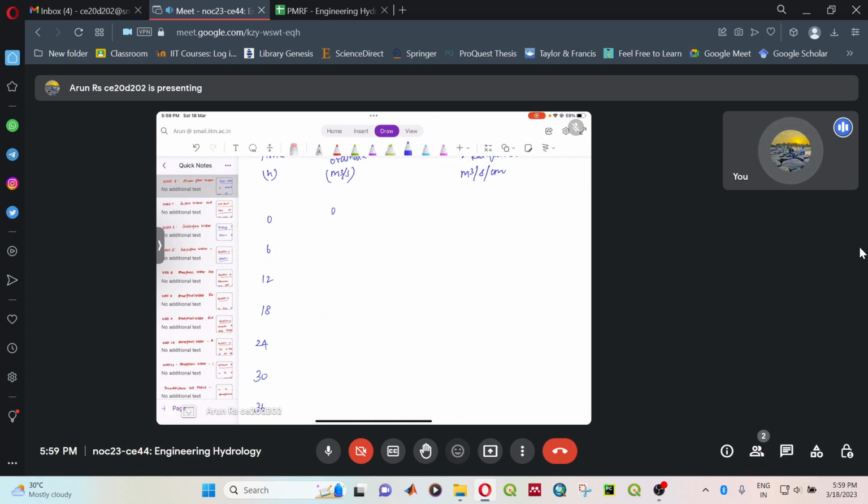And by similar triangles, we can compute for every 6 hours what the value is.